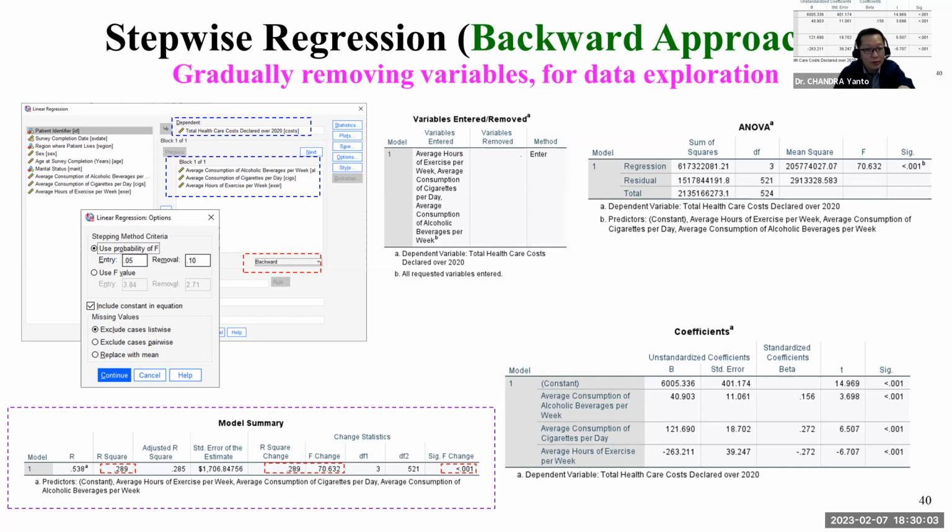Actually, these results are very similar to the previous forward approach. Have a look. Very similar because I use exactly the same variables. But you could have a lot of independent variables, and you are exploring them using stepwise forward or stepwise backward, and you can see which one works better, right?